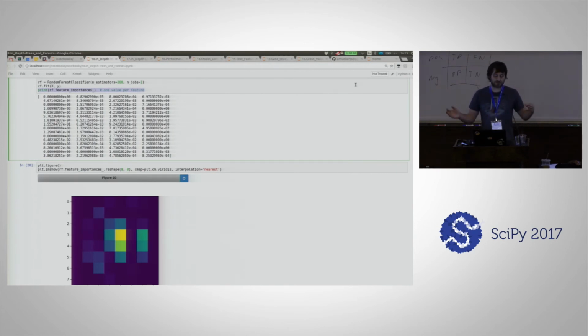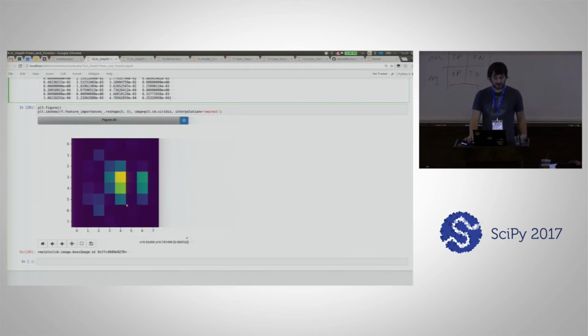This has the same shape as the input, so there's one importance per feature, and you can see them here. Basically, if you're in the middle, this is very important, and then there's a sort of ghostly 1, and this is very 0, that's very important.